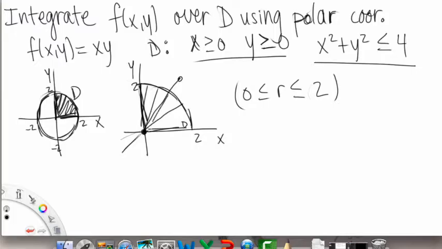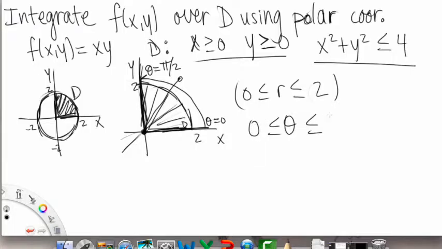So that gives us the radius, and now we need to determine the bounds for theta, the angle. How much are we rotating here? We start at 0, so theta equals 0 is the x-axis, and we rotate all the way up to the y-axis. At this point, theta is straight up and down, so pi over 2.